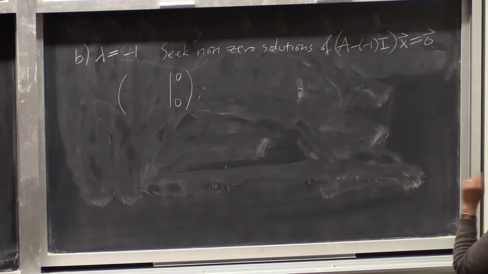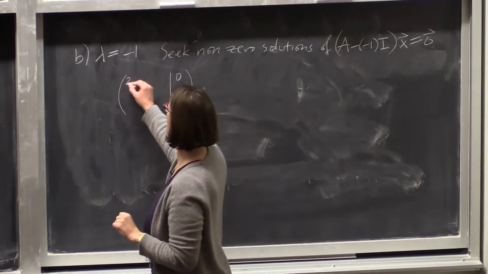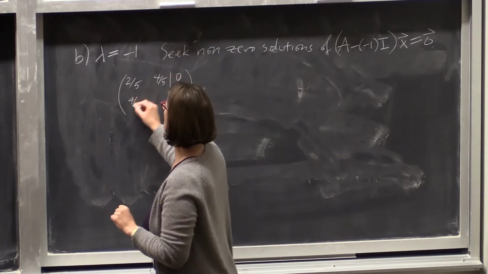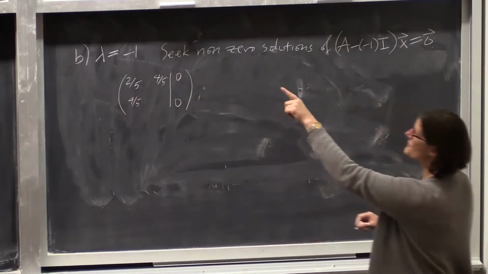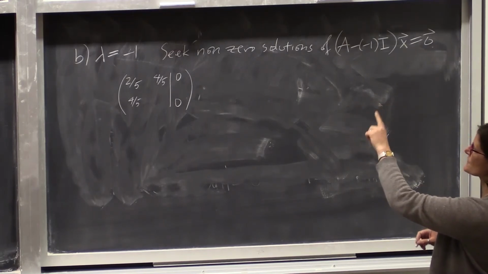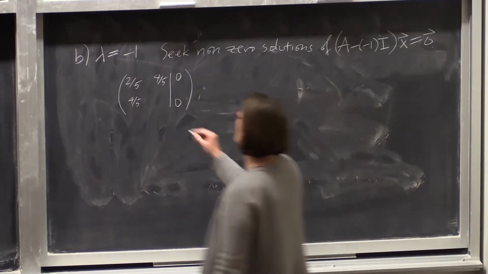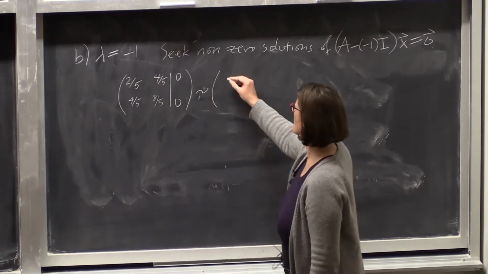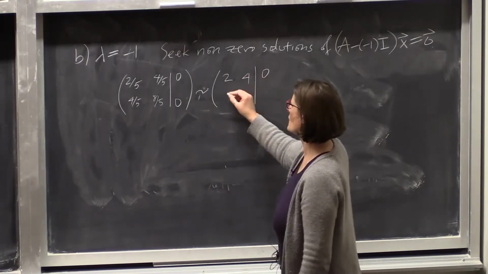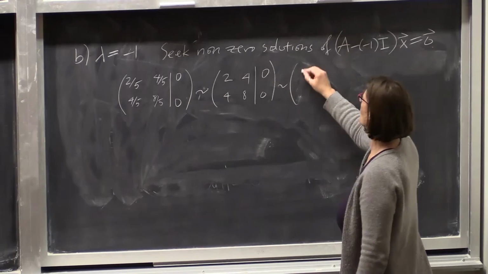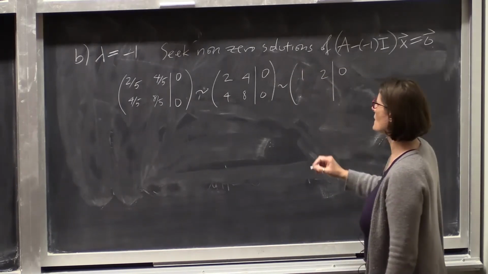So I'm looking at -3/5 plus 1, which is 2/5, then 4/5, 4/5, and then 3/5 minus -1 is 3/5 plus 5/5, which is 8/5. So this is 2, 4, 0, 4, 8, 0, which reduces to 1, 2, 0.